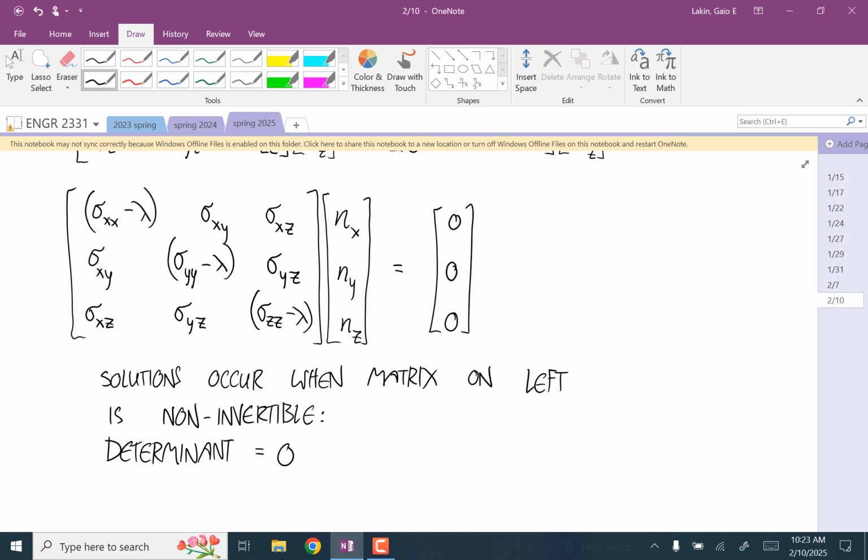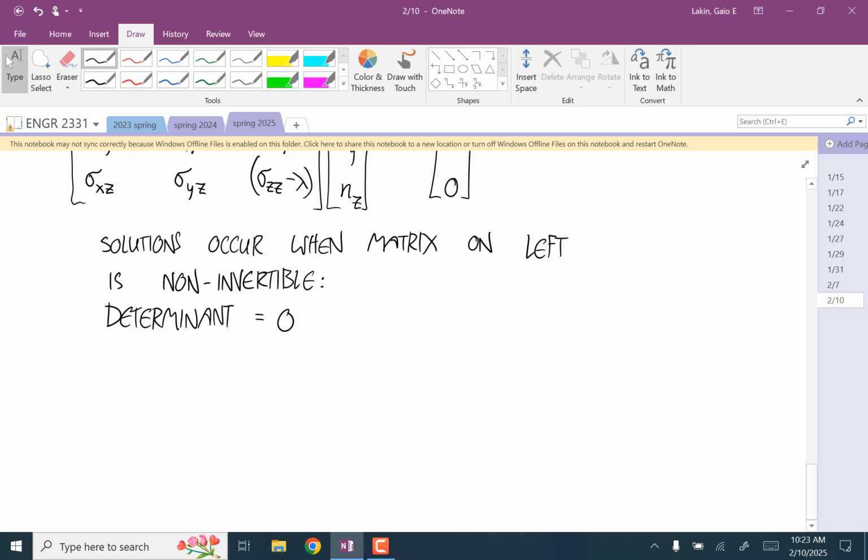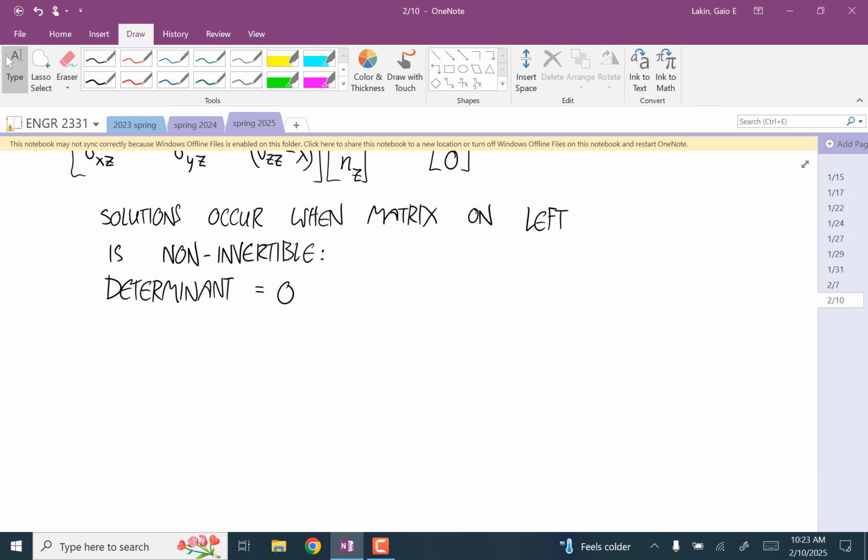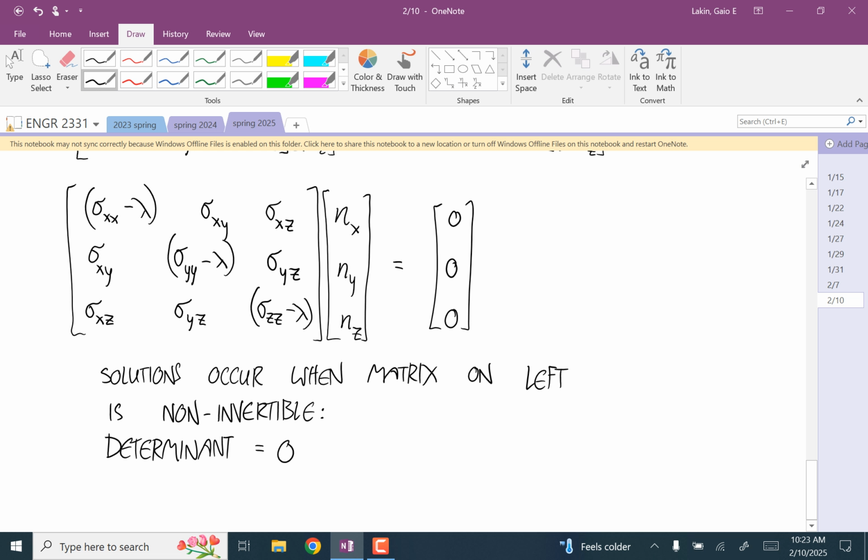Yeah, seen it before. Well, it's easy to do. So the determinant looks something like this in this case.